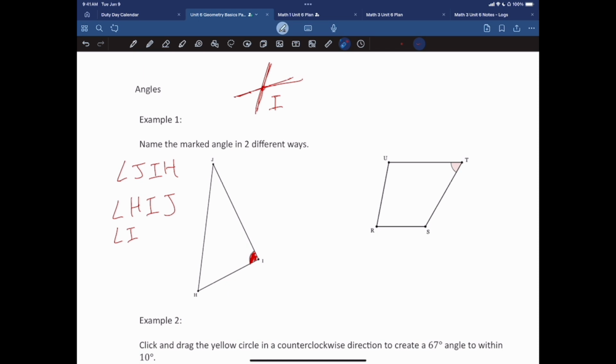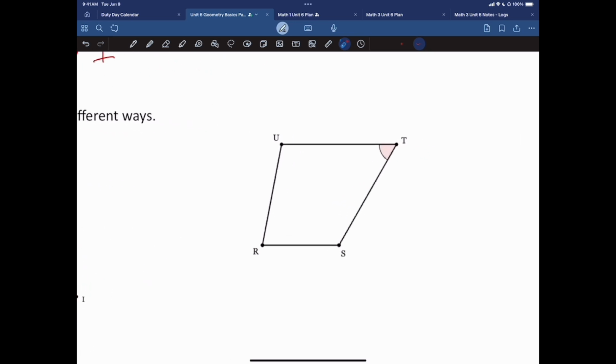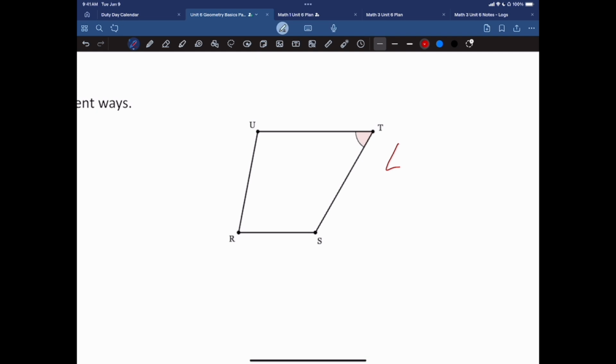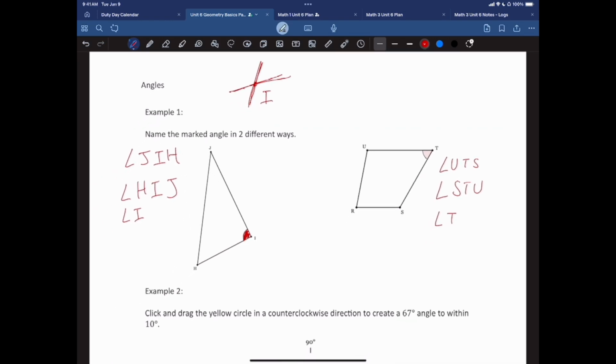For the next one, I can go U, T, S, or S, T, U, because T has to be my vertex, in the middle. So angle UTS, or angle STU, or just the vertex, angle T.